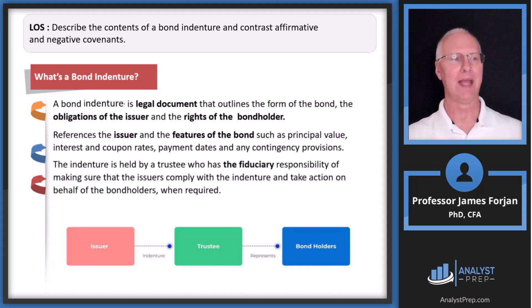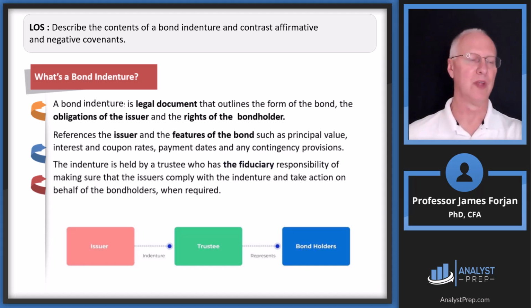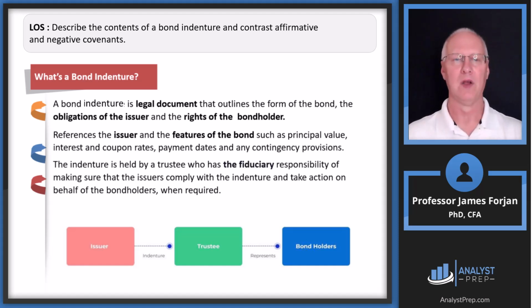I say, hey, this is what the executives of a corporation or the representatives of a government do. They pick up the phone and call the bondholders and say, hey, can you lend us a bunch of money? We're going to do this and this with it, and I promise to pay you coupons and the principal amount.